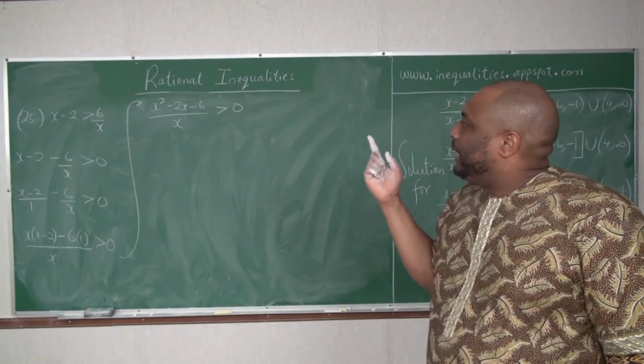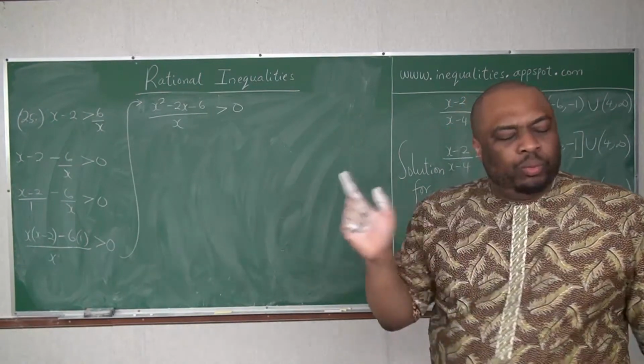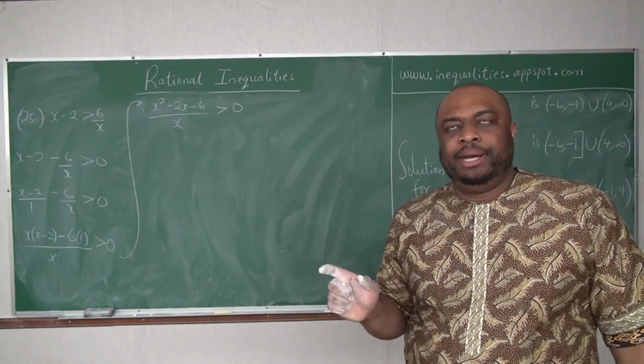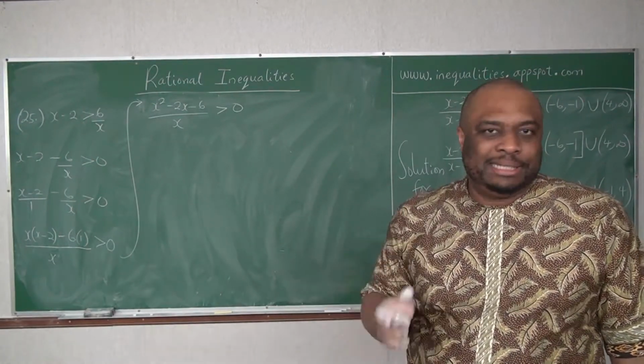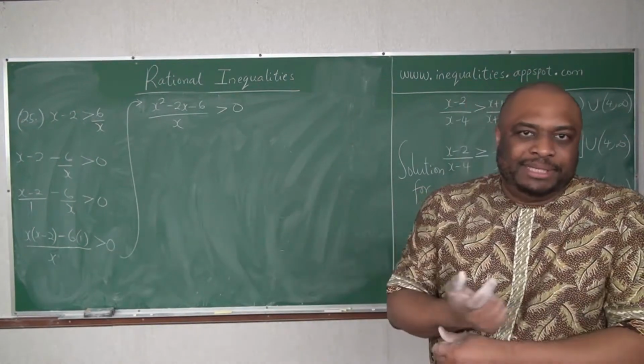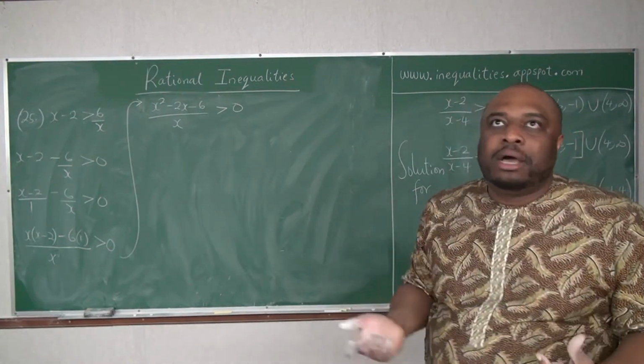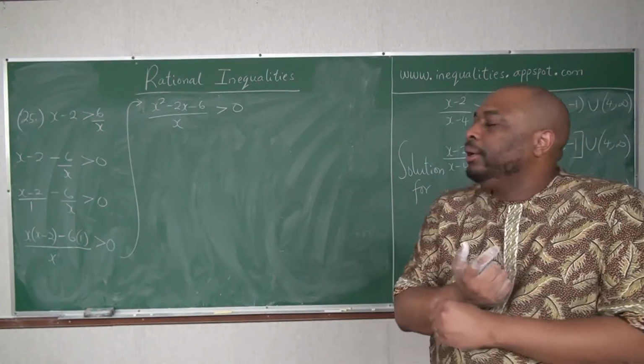We don't have a problem with the denominator. The test point there is x equal to 0. X can never be 0, so 0 is not included in the domain.